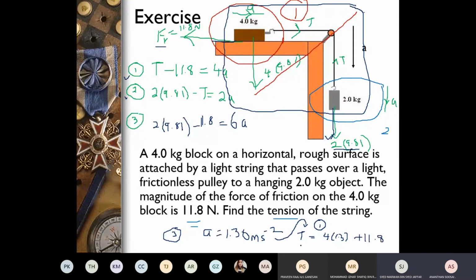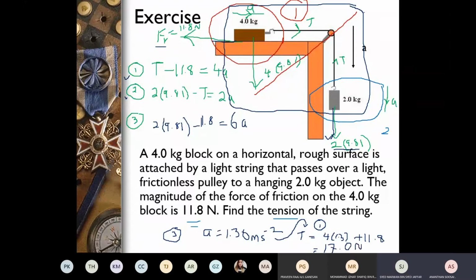Yeah, correct. You got the tension. Anyone got tension? 17. Wait, is it 17? Yes, 17 newtons.